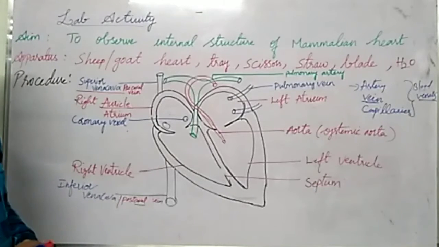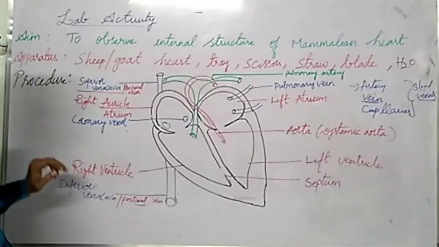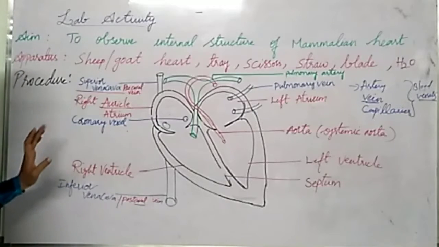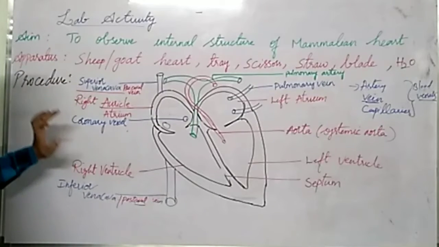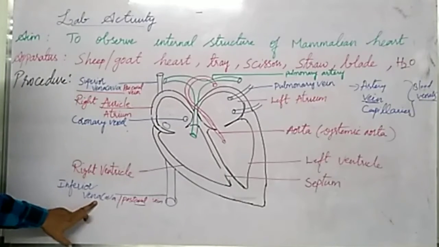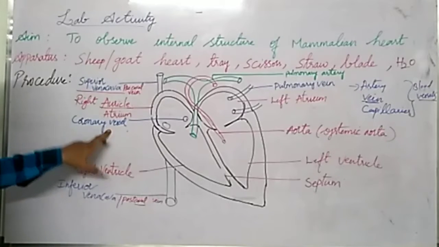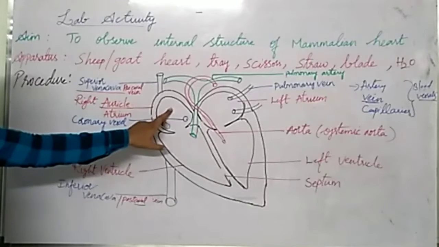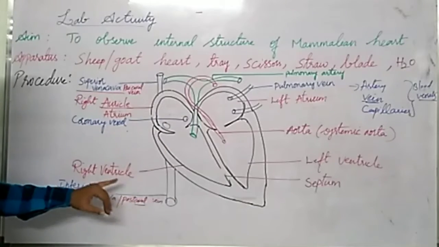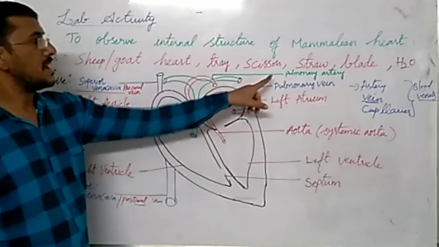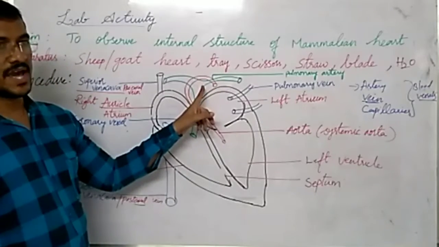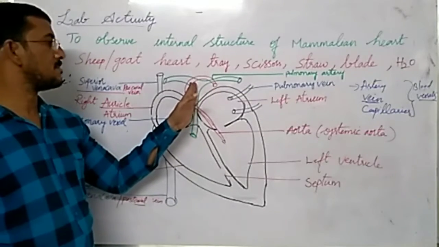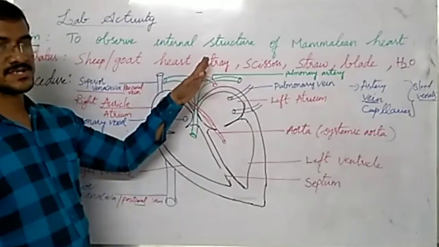So a quick review about blood vessels. Superior vena cava, inferior vena cava and coronary blood vessel, these three open into right atrium. Then from right ventricle, pulmonary artery is going to arise. They take deoxygenated blood to lungs.